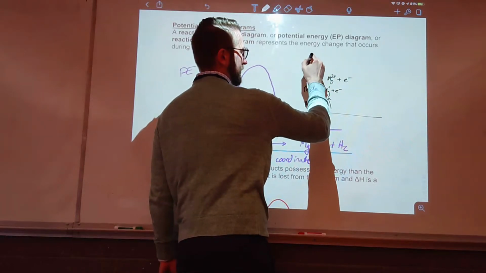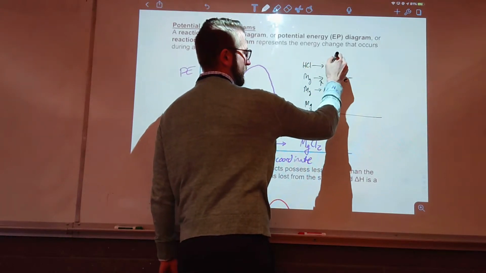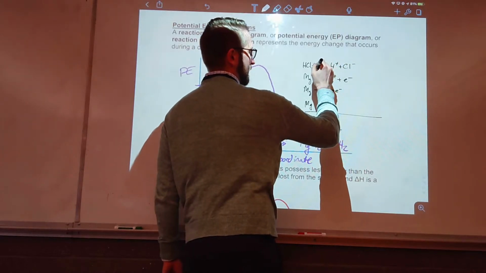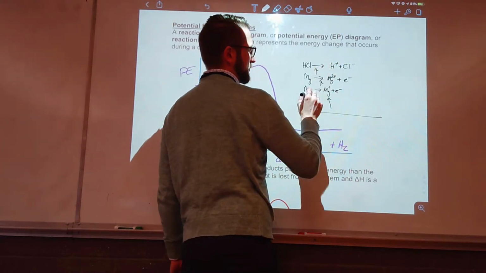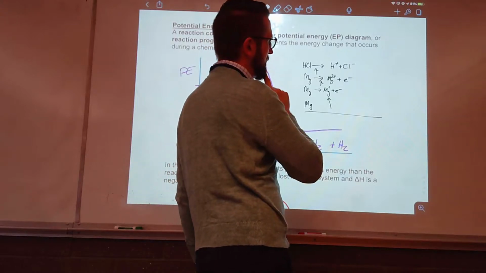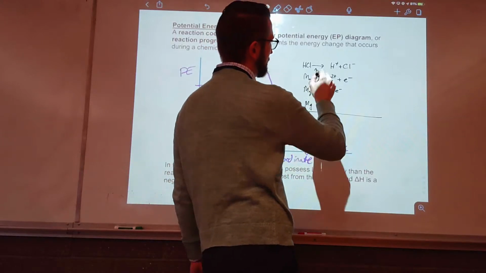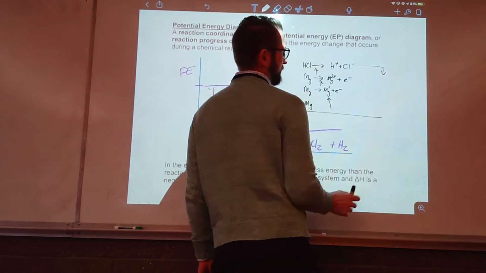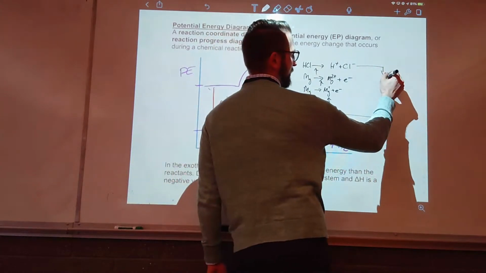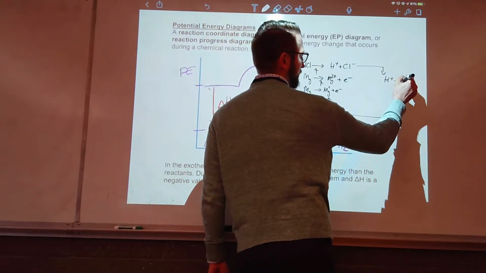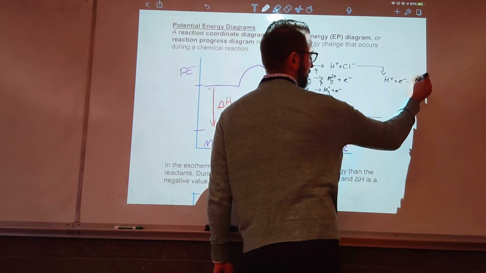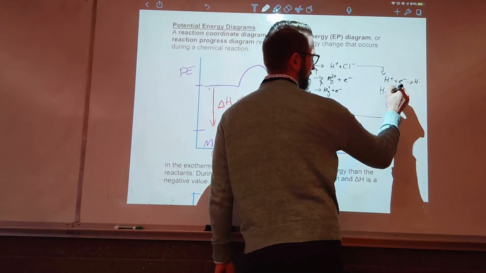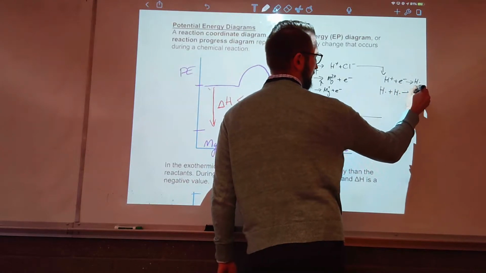Then the hydrogen chloride has to split to hydrogen plus Cl minus. So there's a little tiny jump there. And then everything else should be gained. So then it will be all the way down: hydrogen plus an electron to give you hydrogen dot. 2 hydrogen dots will give us H2.